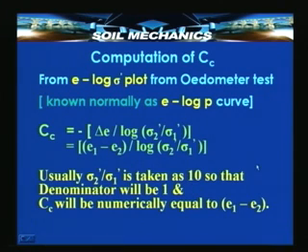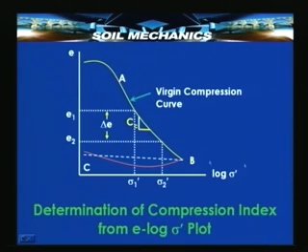Usually, in order to estimate Cc, we take a range of stress which is in the ratio 10:1. Let us see the graph again. Here sigma 2 dash and sigma 1 dash are plotted to logarithmic scale, which means that if I take sigma 1 dash corresponding to some unit, and sigma 2 dash corresponding to 10 times that unit, then log sigma 2 dash minus log sigma 1 dash will become log of sigma 2 dash by sigma 1 dash, which is just equal to log of 10, or unity.